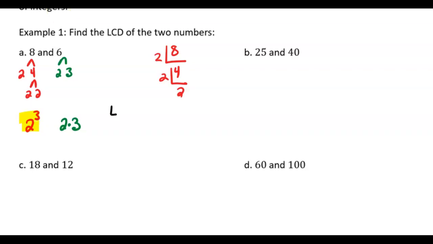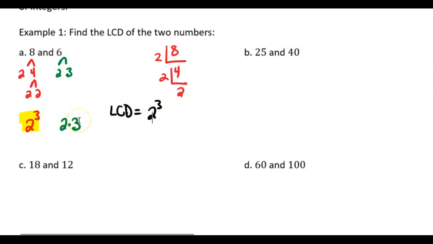So the least common multiple, which is how we find the least common denominator, starts with 2 cubed. Now look at the 3. The one on the right from 6, there was a 3. There was not a factor of 3 in 8. 3 doesn't go into 8. So you use the highest number of times it occurs in one or the other. It does not occur in 8.